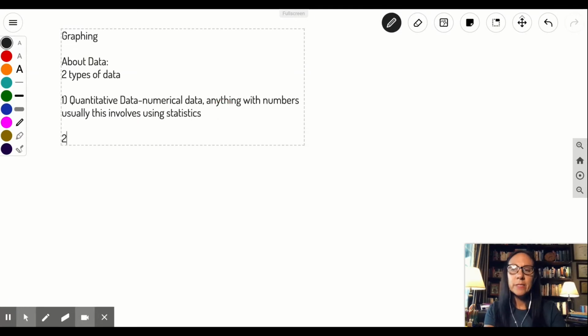And the second type of data is called qualitative. And qualitative data is not numerical, so it's non-numerical. And sometimes we call it categorical.